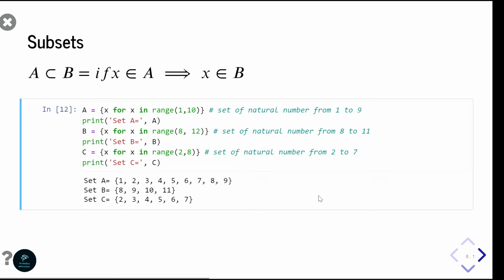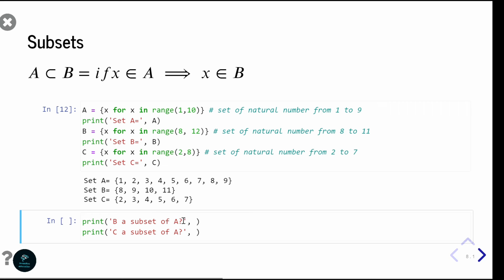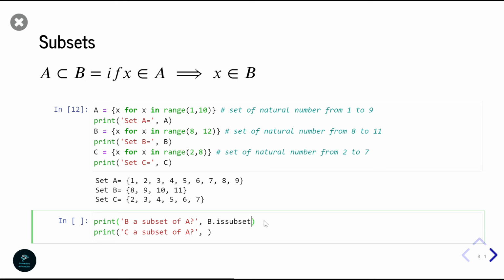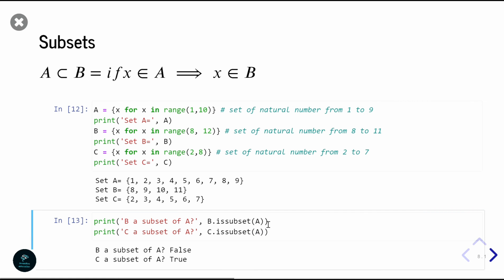And if we want to check if B is a subset of A, we write B dot issubset A. And if we want to see if C is a subset of A, we write C dot issubset A, and print the result. We see that B is not a subset of A and C is a subset of A.